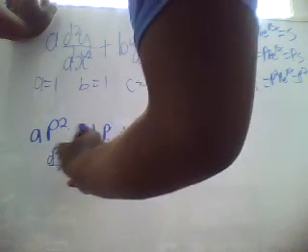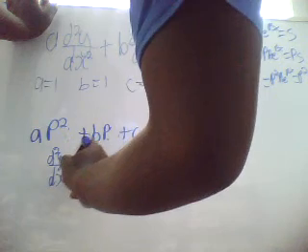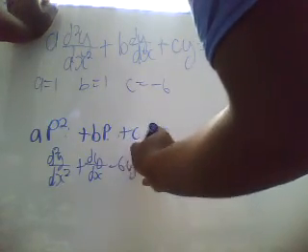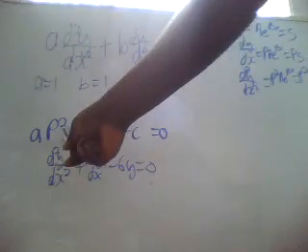That will give us d squared y by dx squared plus dy by dx minus 6y is equal to 0. So we know that we're going to have to solve a quadratic equation for this, which will be of this form.